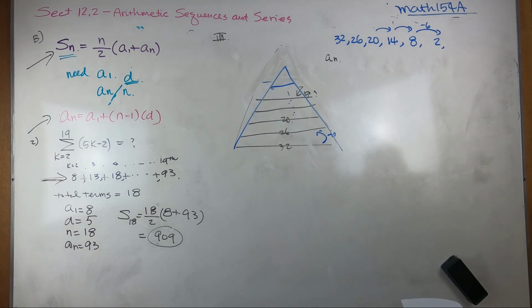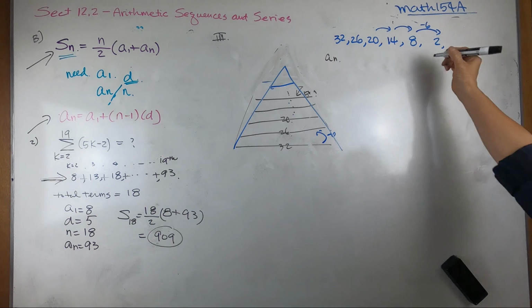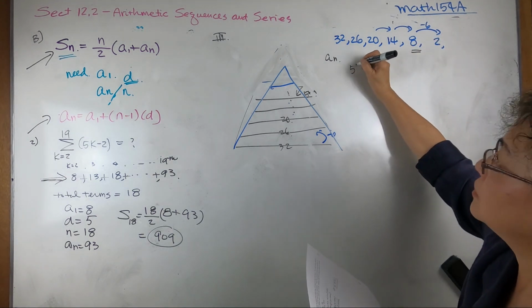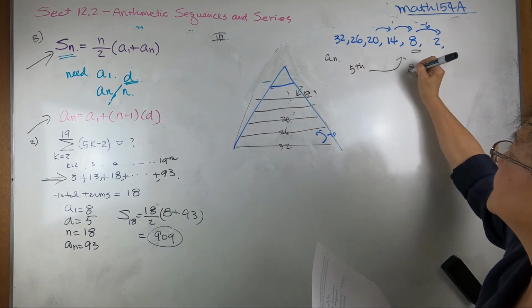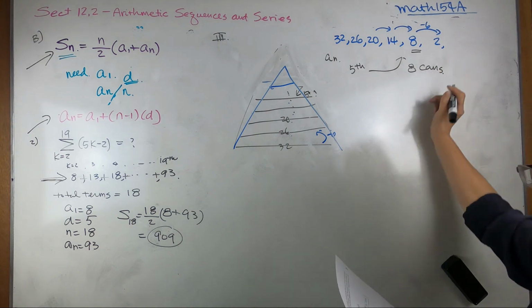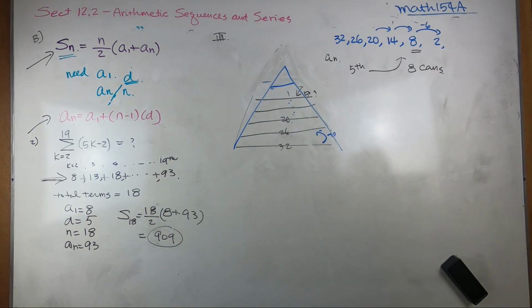Then how many total rows do you need? Okay, so you can just do that, then find out the fifth row would be a can, right? Then how many total do you need?